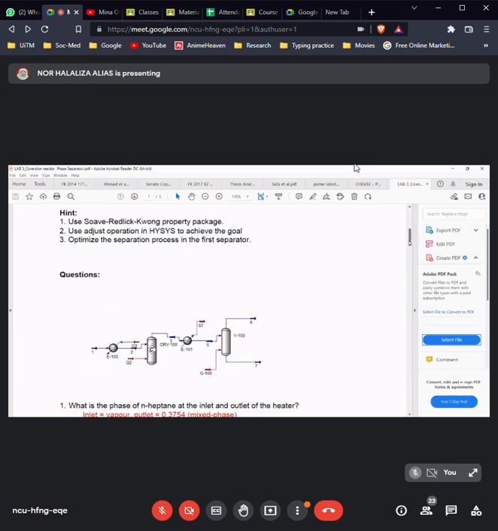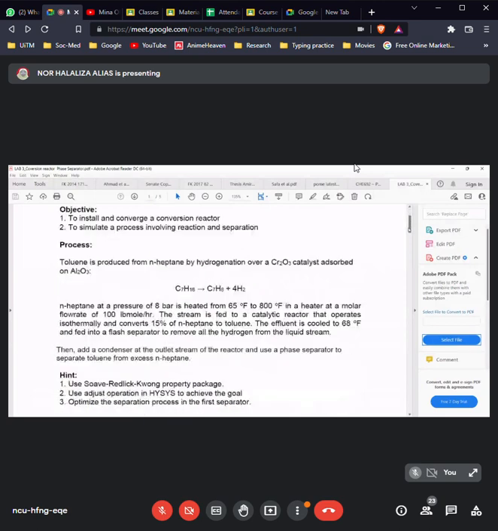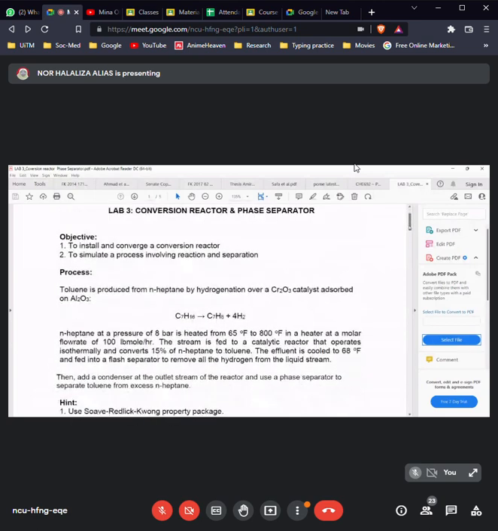Okay, so how to start? Because ini adalah conversion reactor, so setting dia berbeza sedikit lah dengan cara yang kita buat sebelum ni. We have component list, that one masih sama. Next part is the fluid package, also the same. And then the third part, usually we go straight away to simulation, right?